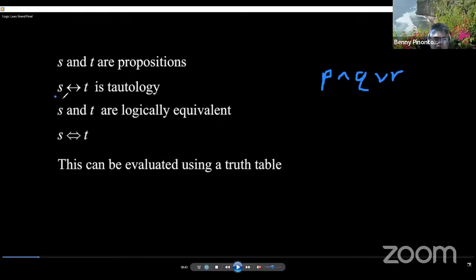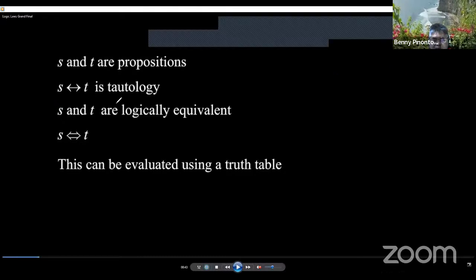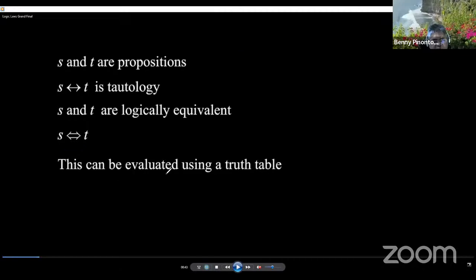So not only a single letter, but it can be an expression like that. And when we evaluate them, and we see that they are actually logically equivalent, meaning that this one is a tautology, then we use that symbol.